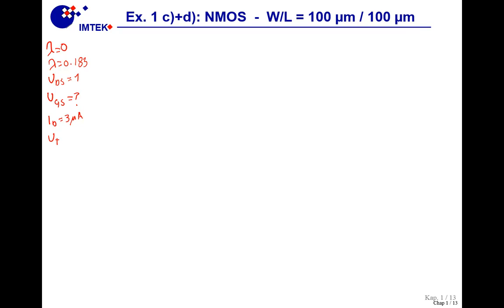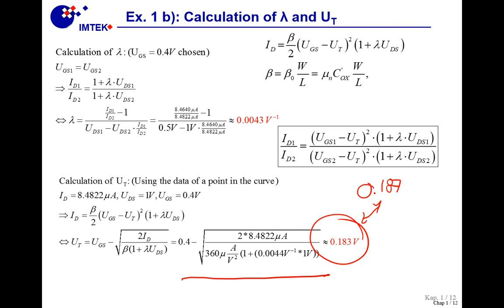UT, we already have it from the previous exercise. And I'm sorry, I made a mistake. Lambda is not equal here to 0.83. Delete it from here. I think the lambda in this case was this one here.